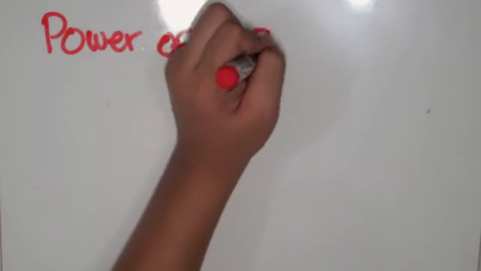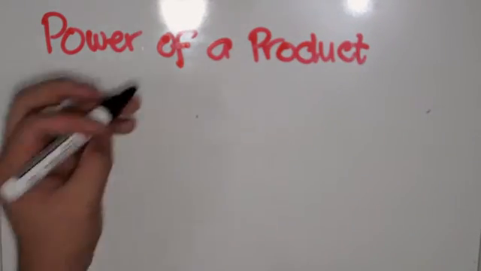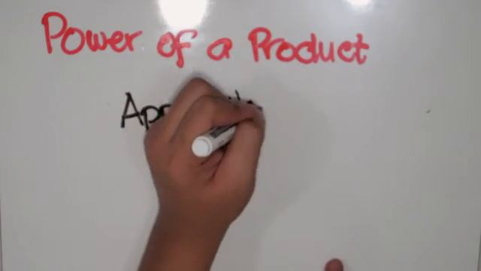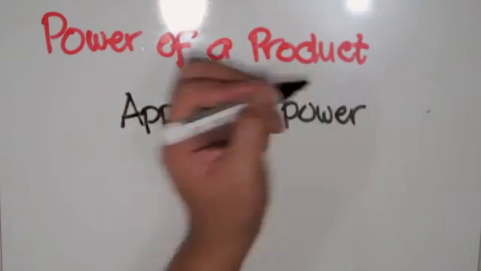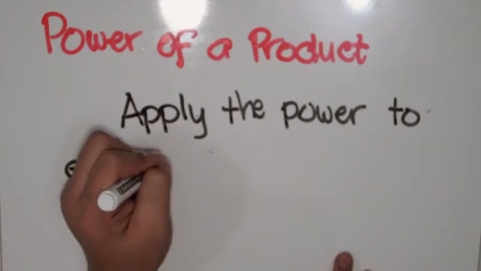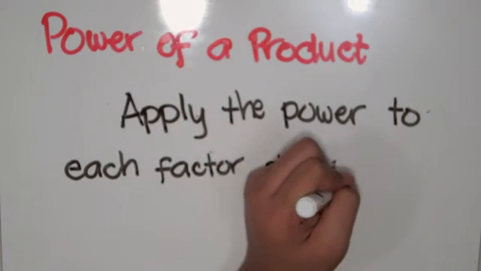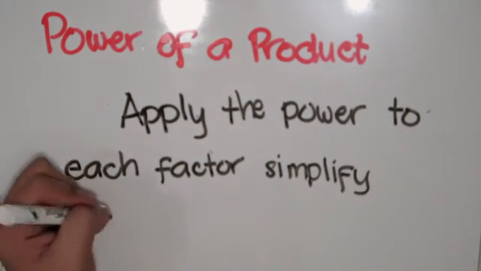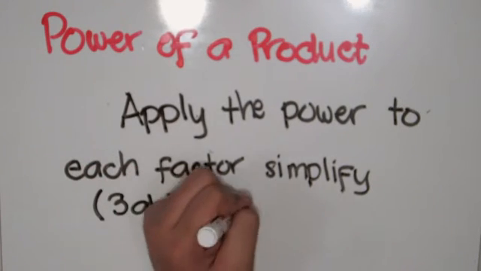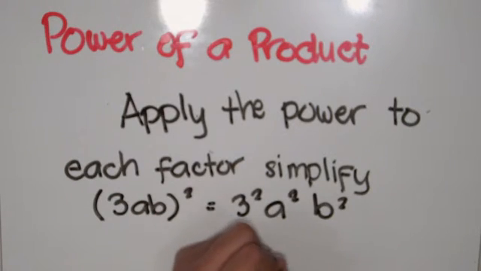Now we'll move on to the power of a product. You must apply the power to each factor, and you must simplify. For example, (3ab) squared equals 3 squared a squared b squared equals 9a squared b squared.